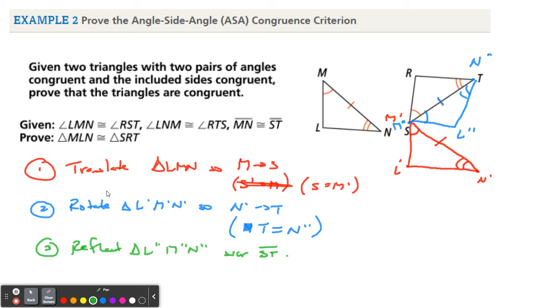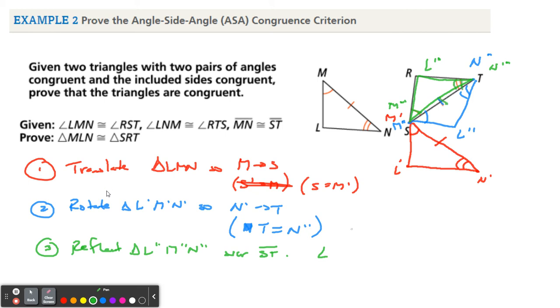So now in this picture, notice that already established is that angle when we do the reflection, right? So now these triangles will line up. This will now be M triple prime, this will be N triple prime, and this will be L triple prime. And again, the angles are still congruent, the sides still congruent.